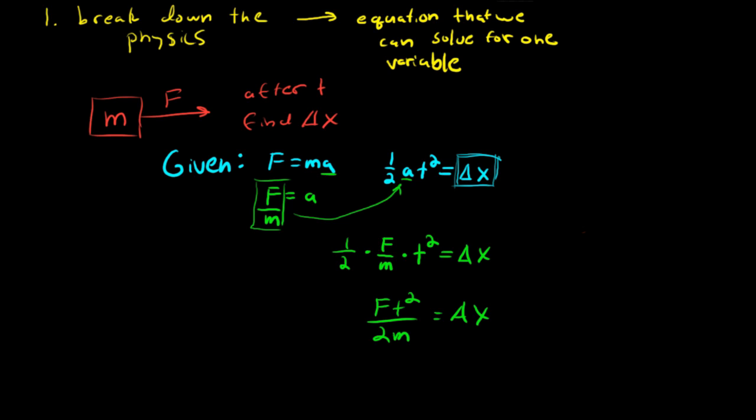So for our program, we have three variables that we need to ask the user for. We need to ask them for the force, the mass, and then what time we are looking at.